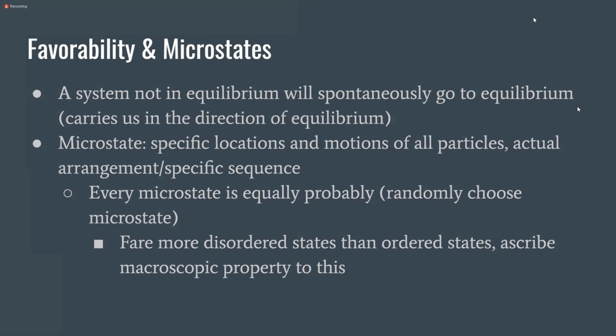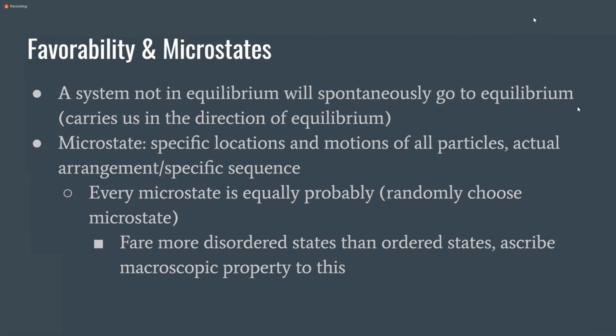But essentially, we know that when we're not at equilibrium, the system will always try to spontaneously go to that equilibrium state, whether that be reverse or forward. It just depends on what point we're at relative to that equilibrium point. Also, in terms of microstates, we defined that in class as thinking about the differences in position, not only position, but anything that characterizes these different molecules or atoms.